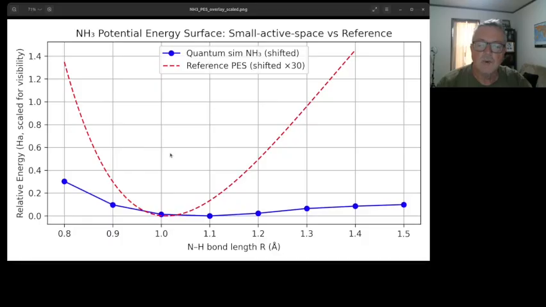So we said 1.1 was the minimum, which is what it shows here on the blue line. But this is actually where it should come in if we did it the right way. So using a fancier basis that took forever on a conventional computer, or at least required more RAM than my poor little machine has, then it would have worked.